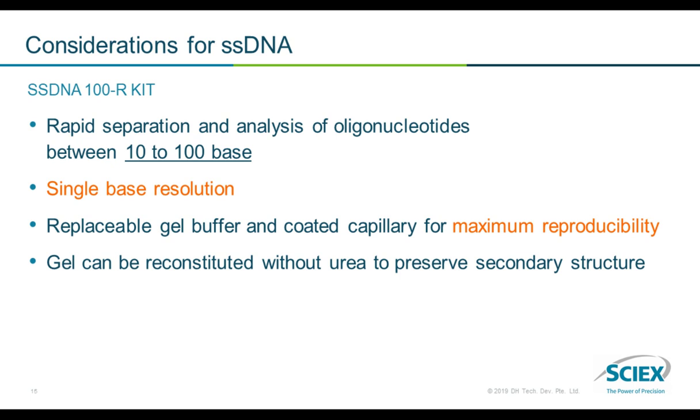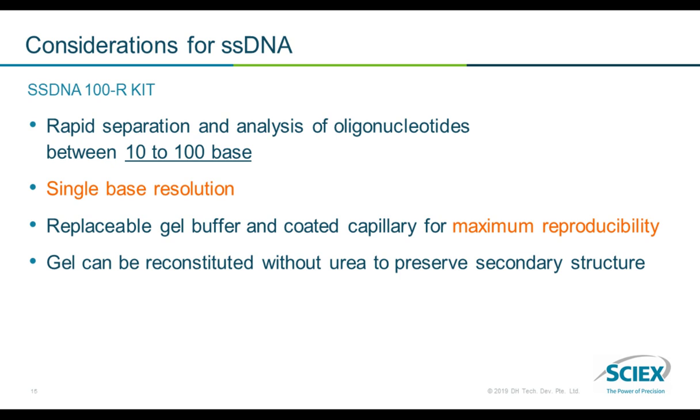If you have single-stranded DNA, small oligonucleotides, we have a kit for that also, which is the ssDNA 100R kit. You can use this kit to analyze oligonucleotides, which are single-stranded DNA fragments from 10 to 100 bases.